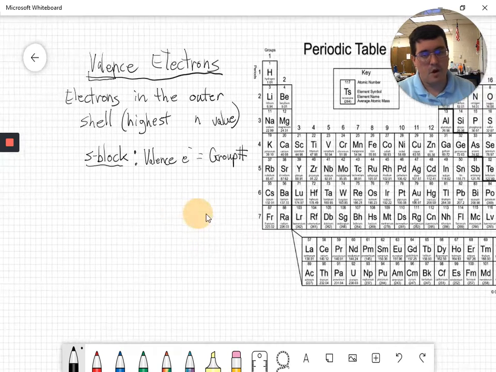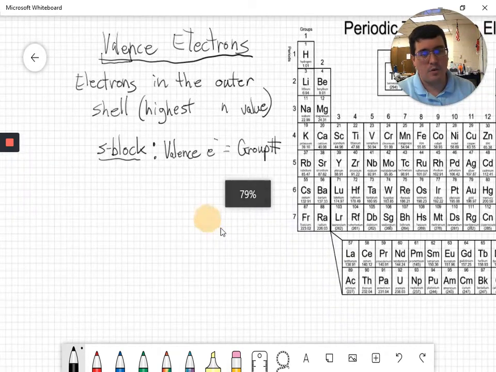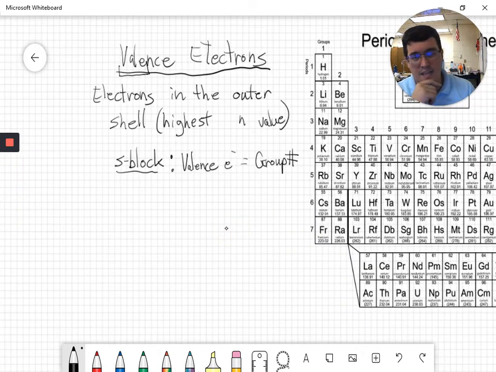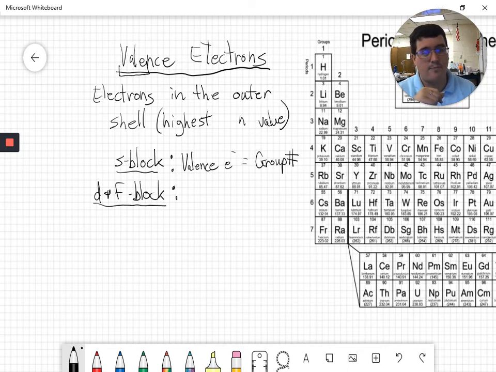All right, so from the s block, we will now go to the d and f blocks. If you look at the electron configurations of any element in the d or the f block, it always ends the same way. The highest n value is always an s, and those are the only valence electrons it has.